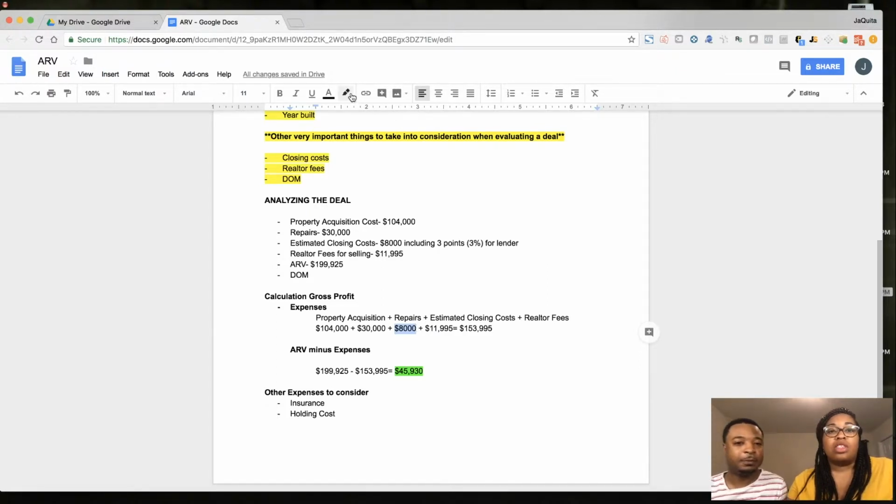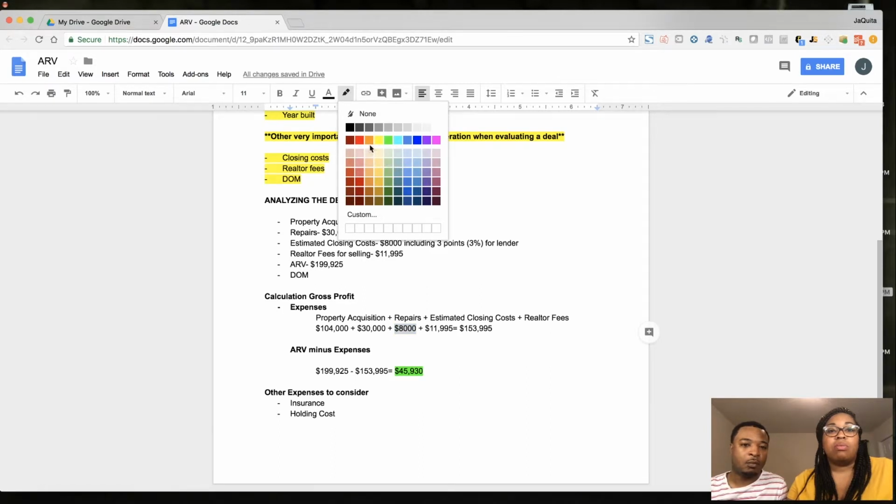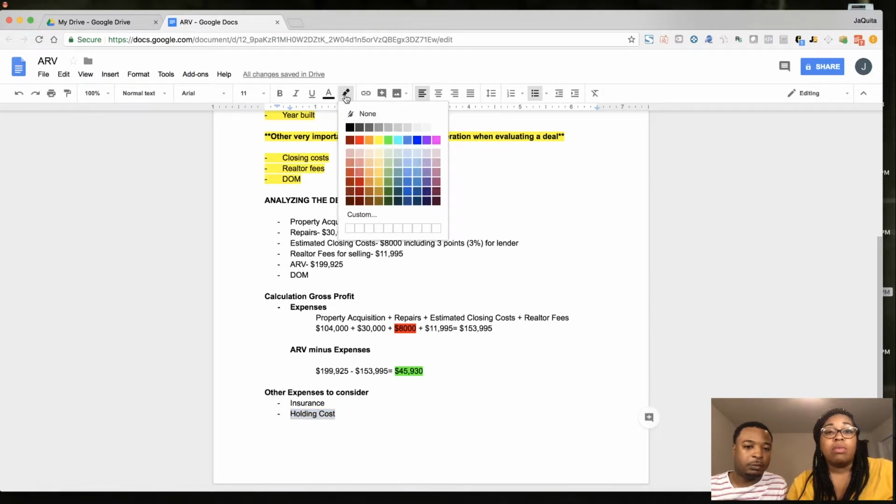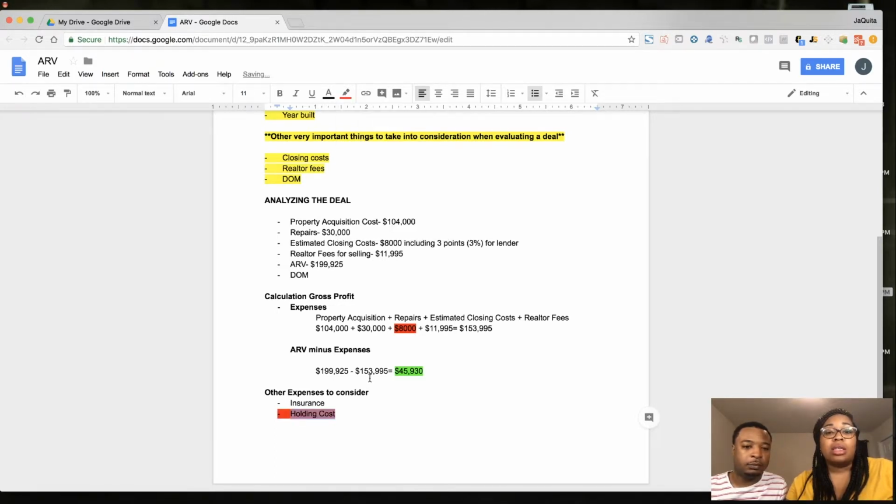So let's highlight in red what you'll be coming out of pocket with. So this $8,000 will actually come out of your pocket, as well as holding costs, and that's what Marcus is talking about. Draws. Yeah.